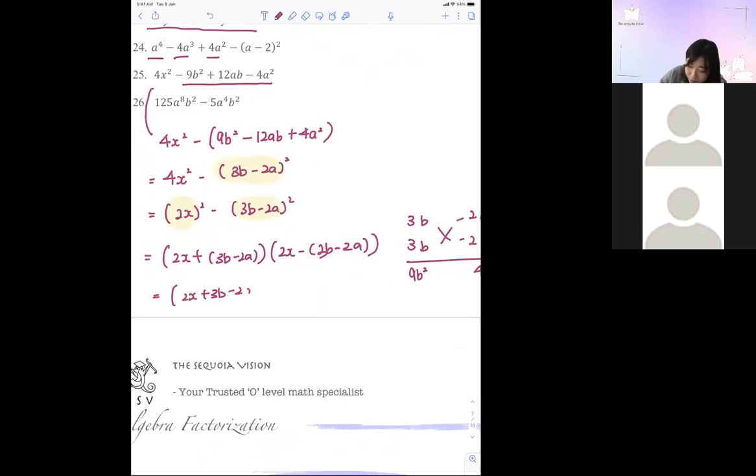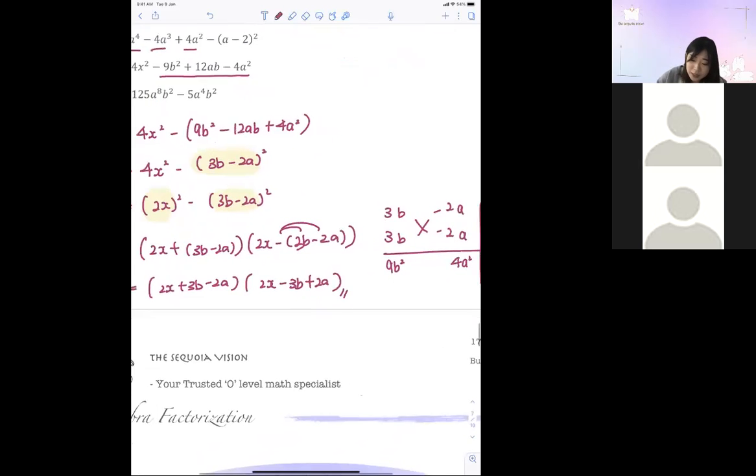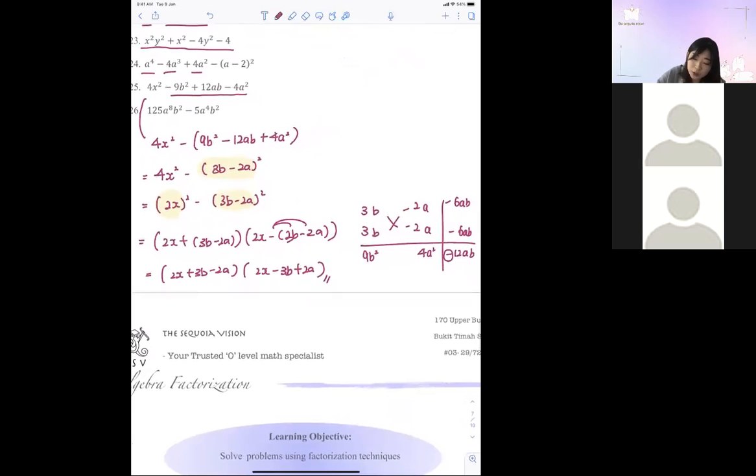Expand it. So 2x minus 3b, be careful of the minus, plus 2a. If this comes out in exam, it is about 4 marks. So slowly do, one by one, slowly do.